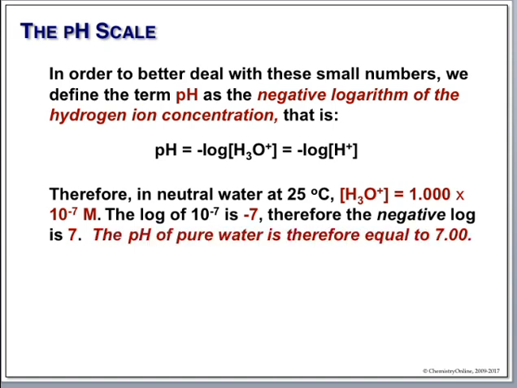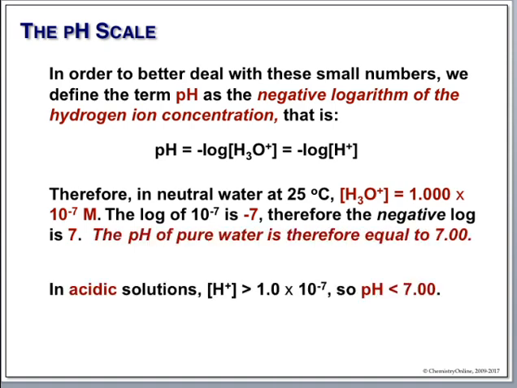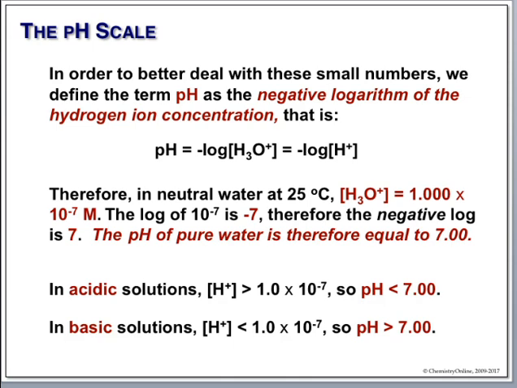Now, if you have a solution where hydronium is greater than 10 to the minus 7, so you have a lot of hydronium, that's an acidic solution.